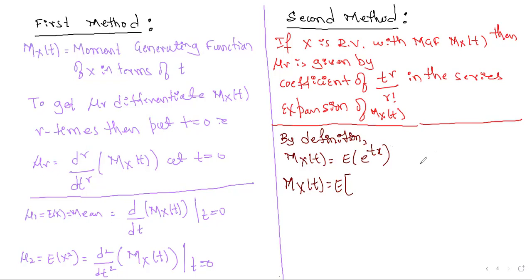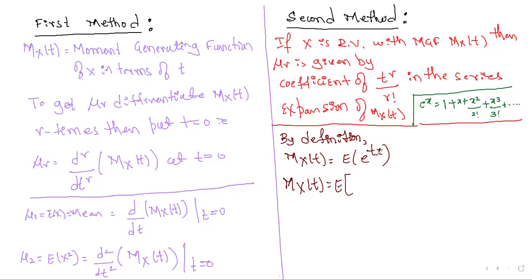So here I will write the e^x formula first, then you will get to know it easily. e^x equals 1 plus x plus x^2 by 2 factorial plus x^3 by 3 factorial and so on, say for example the r-th term is x^r divided by r factorial. This is the e^x formula.